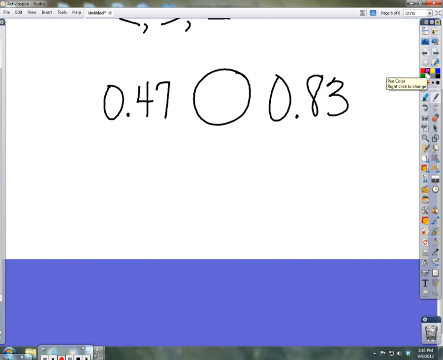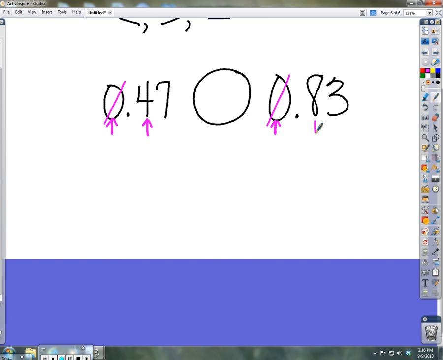So for example, I would first look at the digits in the ones place. Well, since they are both zeros, I can't use those to compare by. So I'm just going to mark those out. Then I would go to the next highest value digit, which would be the tenths place digit. In the one on the left, the digit is 4.